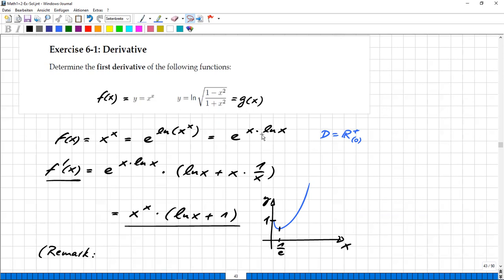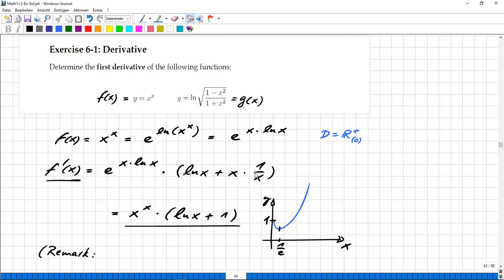We differentiate the first factor, x, which gets 1, leave alone the other factor, ln of x, then plus the other way around: leave the first factor x alone, and take it times the derivative of the other factor, and we all know that the derivative of ln of x equals 1 over x. And so what we get, this is even nicer, because this shortens to be just 1.